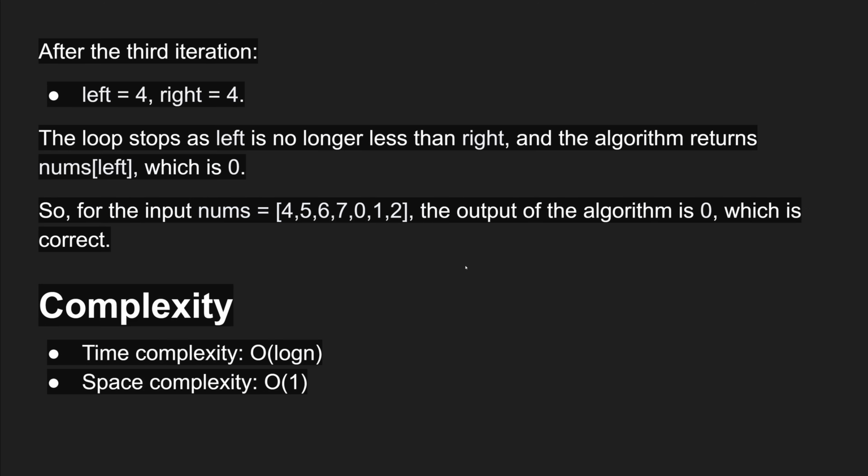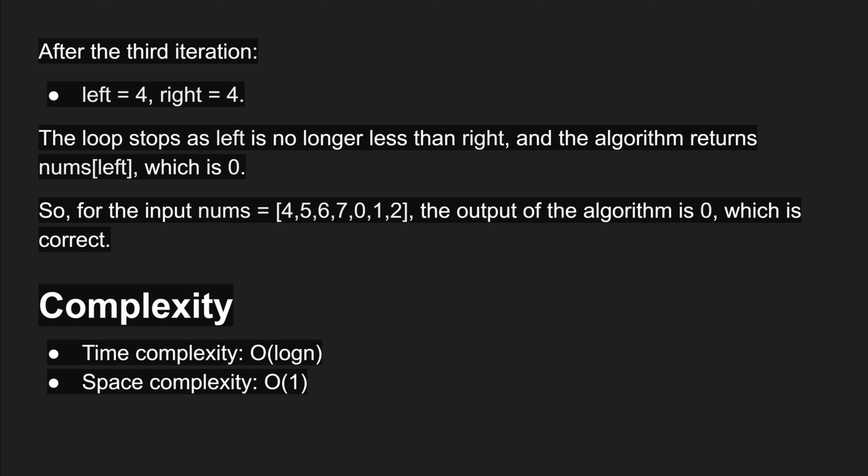What happens now? After the third iteration, left equal to 4 and right equal to 4, and we can stop the loop as left is no longer less than right. The algorithm returns nums of left, which is equal to 0. So for the input nums, the output of the algorithm is 0, which is correct.